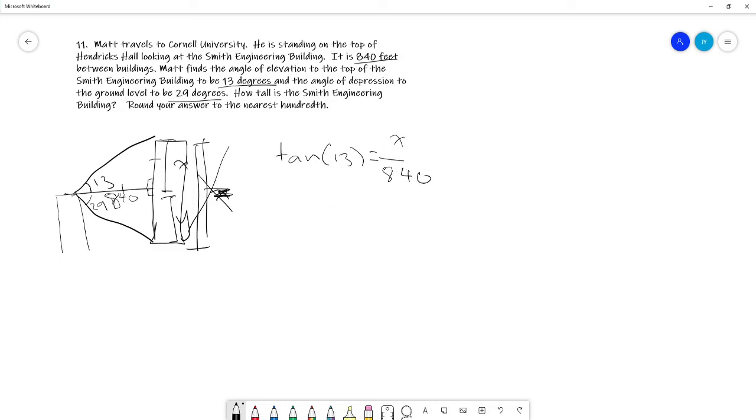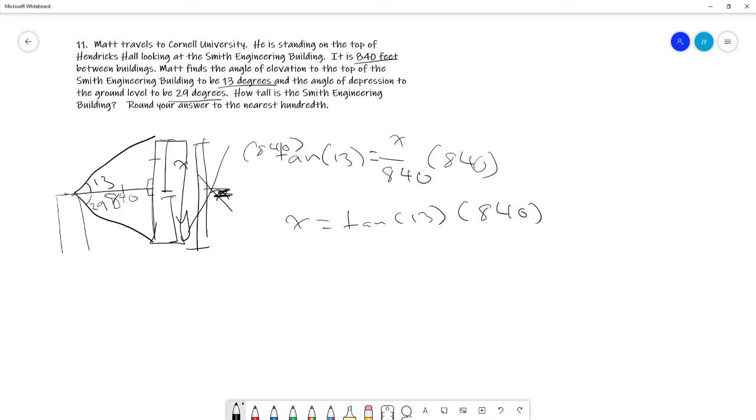Okay, let's solve that out. We're trying to get x alone so we can solve for it, so we just multiply 840 to the other side. And we get x equal to tan 13 times 840. We take that into our calculators.